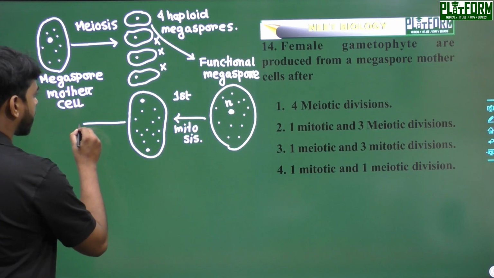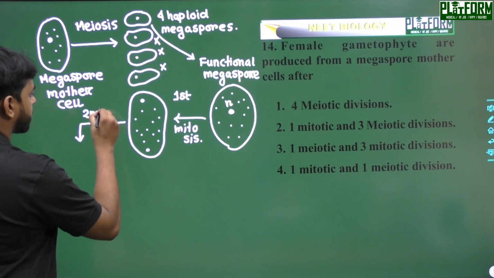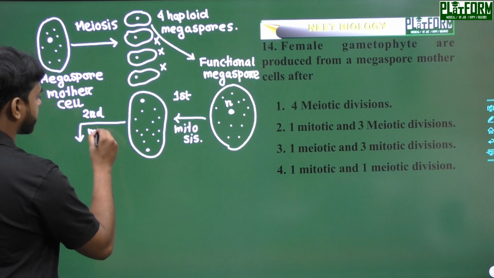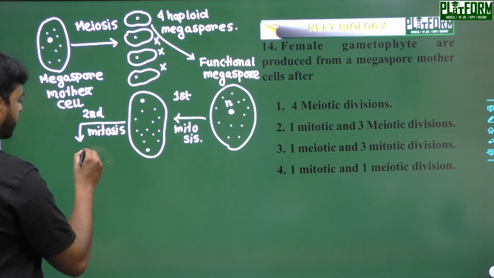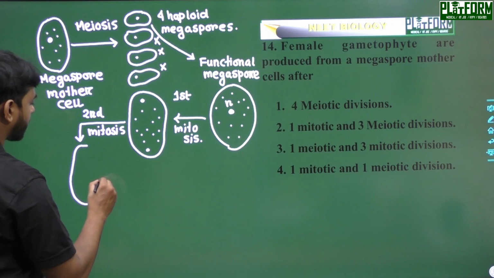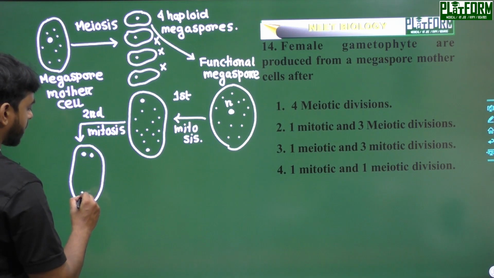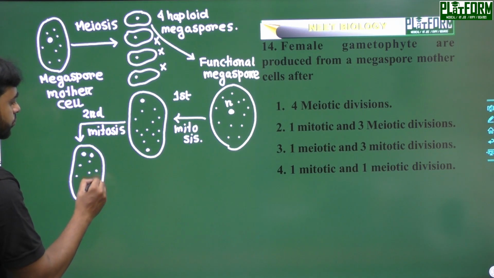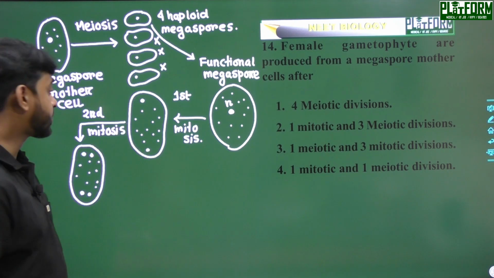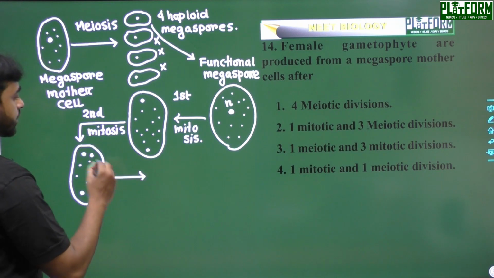Now it is followed by second mitosis, it will form a 4 nucleated structure. So here it is a 2 nucleated structure followed by the 4 nucleated structure.